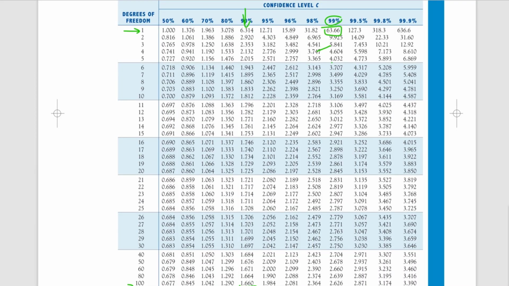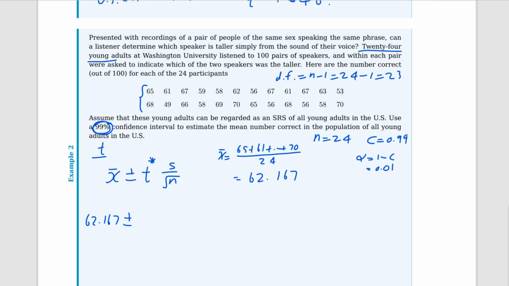So 23, right? This is the 23. And 99 is here. Then you get 2.807. That is the T star. Then we need to find the S.